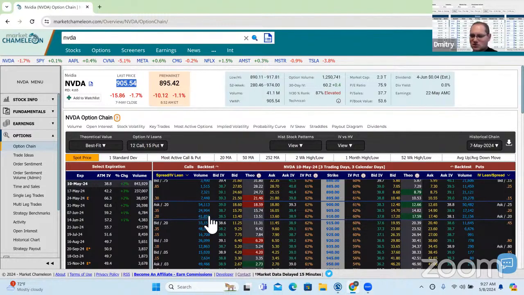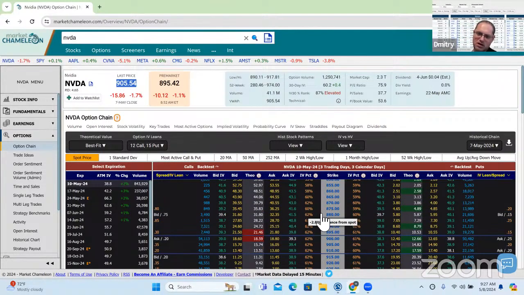Okay. But now that we see these, let's just say I'm looking for a put spread that I want to purchase. For one, I'm looking at an option where the implied volatility has a pump on the ask side.